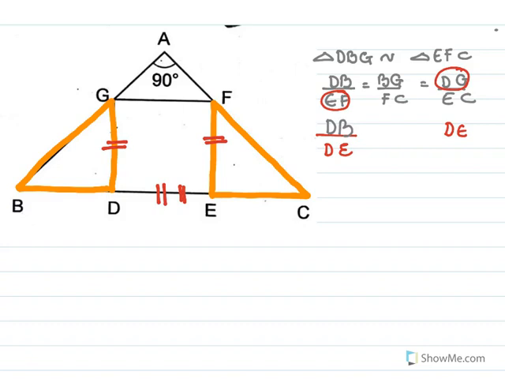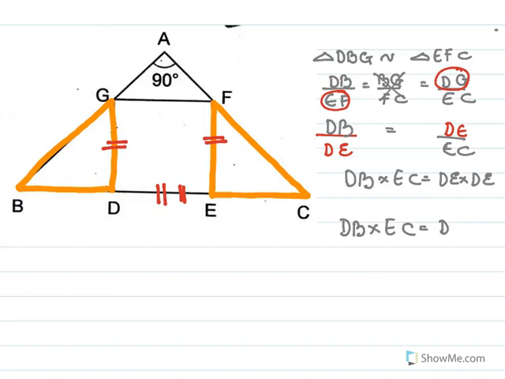So what I'm left with now is DB, I don't need this, equal to here EC. And when I cross multiply, I get DB into EC equal to DE into DE. So DB into EC equal to DE square. And the reason for this, we know that FE equal to DE and DG is also equal to DE. These are sides of the square.